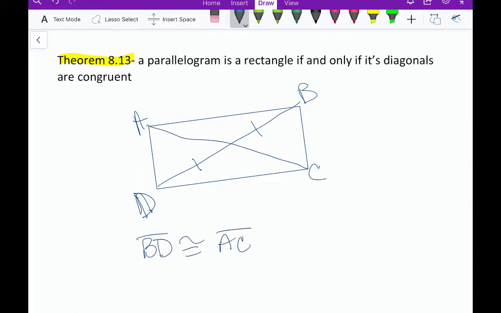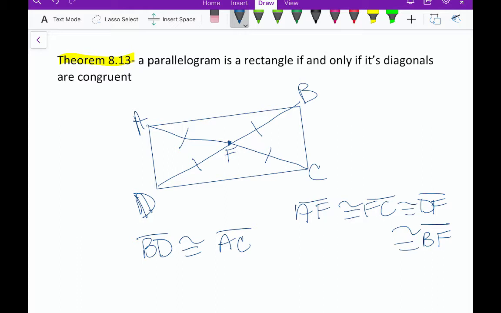Those are the diagonals. And because that's true, if I call this point F, then now AF is not only congruent to FC, but it's also congruent to DF, which is also congruent to BF. So all four of those segments will be congruent in a rectangle.